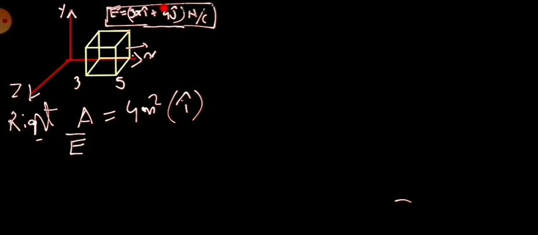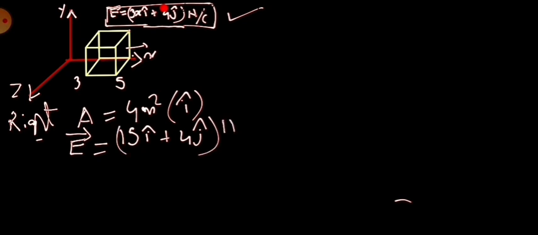For this right surface, the electric field intensity is not constant, it's a variable quantity. It is equal to 3x i cap plus 4 j cap, depending upon the x coordinate. For all the points on the right surface, the x coordinate is 5. So if you put this value, it comes out to be 15 i cap plus 4 j cap Newton per coulomb for all the points. So it is a constant electric field case.